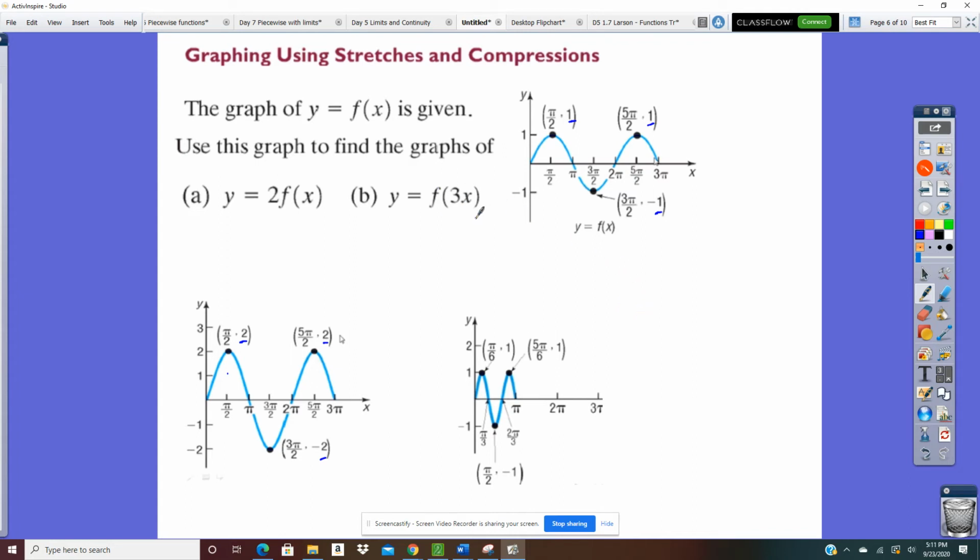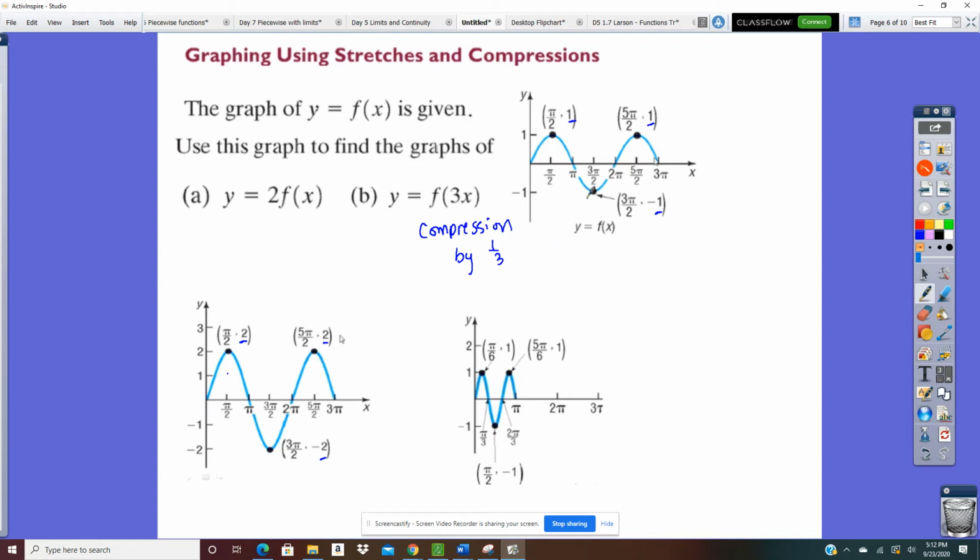Now here's an example where it's horizontal, and it is a 3 in here, so it's going to be the opposite of what you normally think it would be. It's not a stretch, it's a compression. By not 3, you're going to do 1 over 3. That means all your x values are being divided by 3.